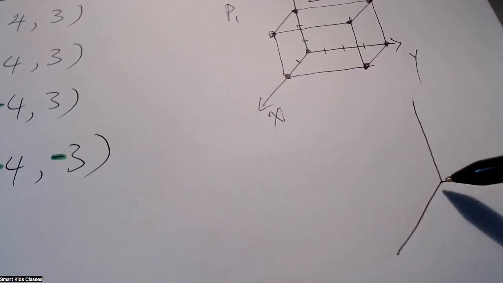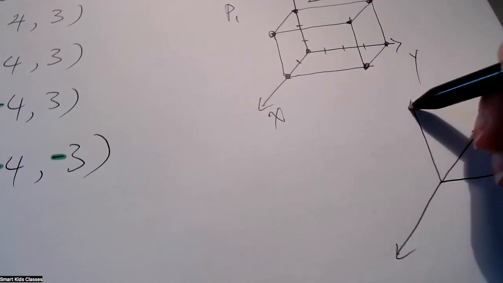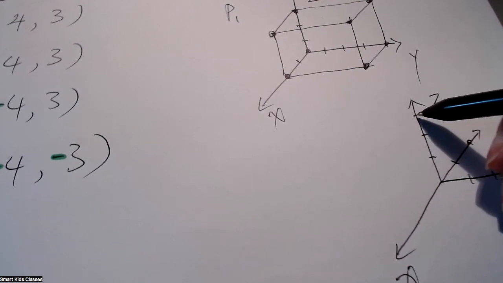We have a negative 2, so extend here, on x and y and z. Negative 2 on x, and y is a 4: 1, 2, 3, 4. So we put it here, a little bit over. And it's a 3 for z.